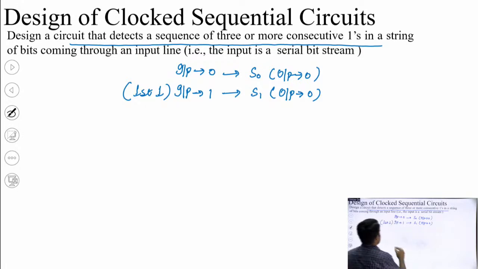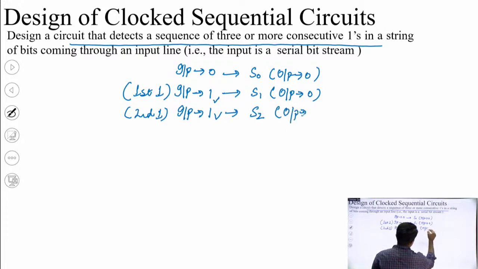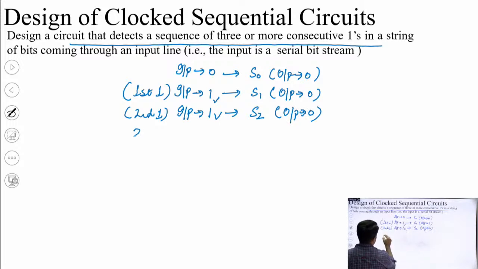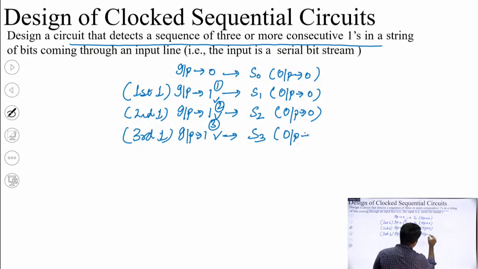If a second one appears, that means 2 ones have appeared, then I will reach one step further, S2, but output will still be 0. Third one, if I receive another 1, that means 3 consecutive ones are there. This is the first one, this is the second one, this is the third one. So this is my desired state, S3.